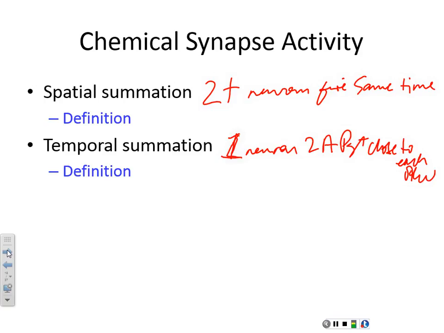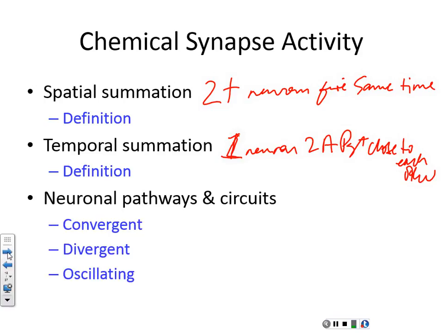When one hits and it starts to depolarize or hyperpolarize, the other one will hit while it's still hyperpolarizing or depolarizing, and then it sums. But if one comes and then the other one comes tomorrow, the graded potential is gone. So they have to be one neuron firing two action potentials close to each other in close succession, so that when one hits before the graded potential goes, the other one hits, and that's how you summate. Okay, two kinds of summation.